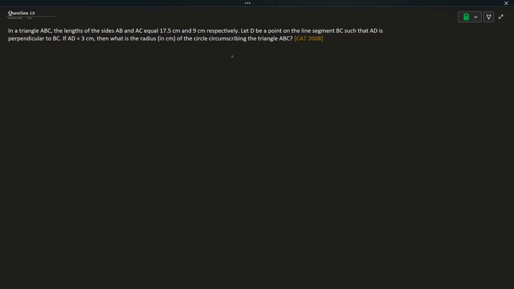In a triangle ABC, let me draw a triangle ABC. Let's say this vertex is A, this vertex is B, this vertex is C. The length of side AB is 17.5, AC is 9.